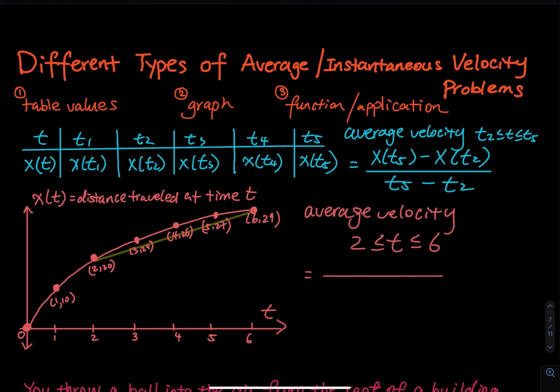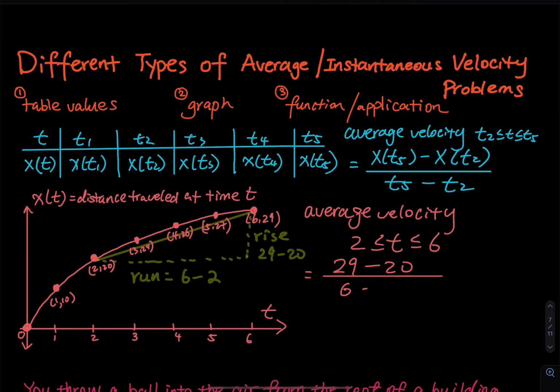So this is just like finding the slope of a straight line. The run is 6 minus 2, and the rise is 29 minus 20. That is the slope of this straight line. On top we have 29 minus 20, and on the bottom we have 6 minus 2.